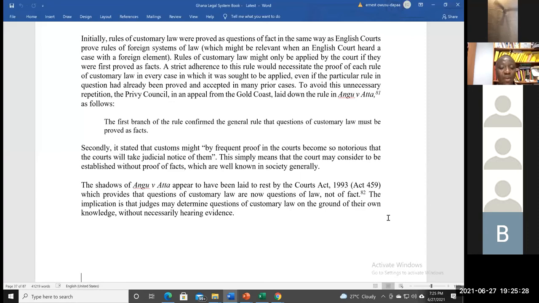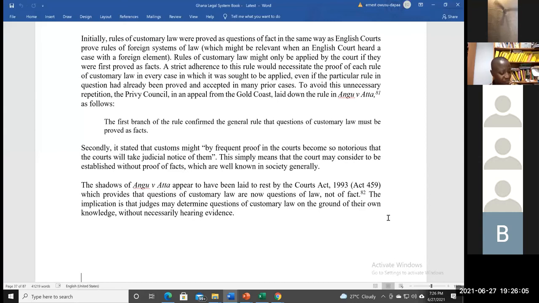But I must say that the rule in Angu versus Ata has been abolished with the coming into force of the Courts Act 1993, Act 459, which makes the point that questions of customary law are not questions of fact, they are questions of law, meaning that it is the responsibility of the judge to determine questions of customary law on the basis of their knowledge, and not necessarily by taking evidence from the parties.